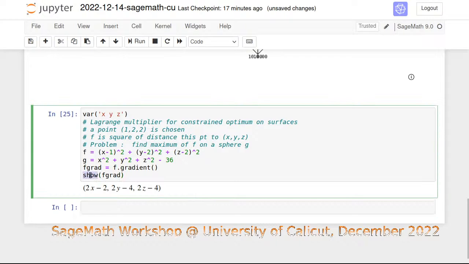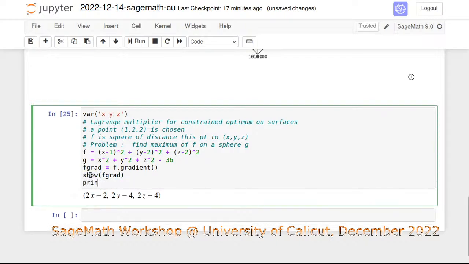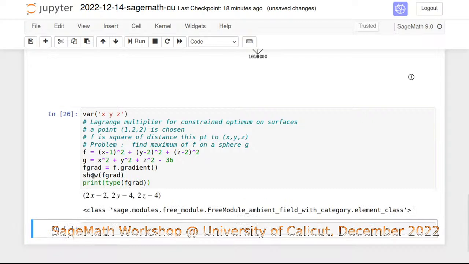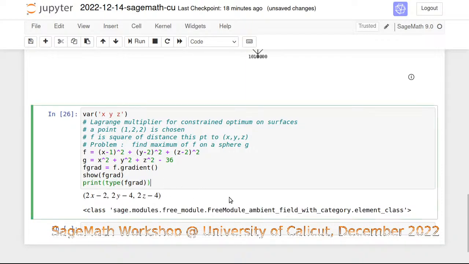And if you ask for the type of it, you will get something very complex, free module, etc. So it's not actually treated as a vector, but it holds the properties of a vector, it seems. You can see that later. So show f gradient. Now computing the g gradient also similarly.